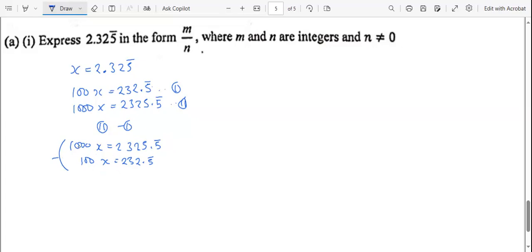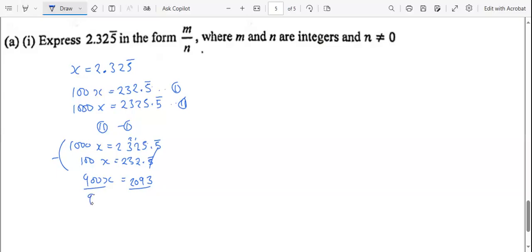So 1000 minus 100 is what? 900, right? x is equal to, this and this they have gone already, then 2 there, it's what? 3 there, it can't. So what we do is we get 2 there, that will be 12. 12 minus 3, that will be 9, right? Okay, then 2 there, that will be 0. So that will be 2093 over 900.